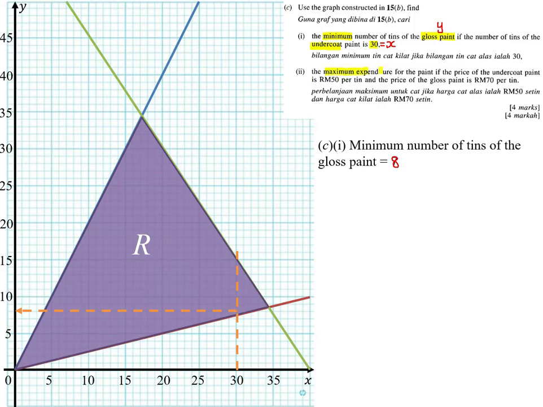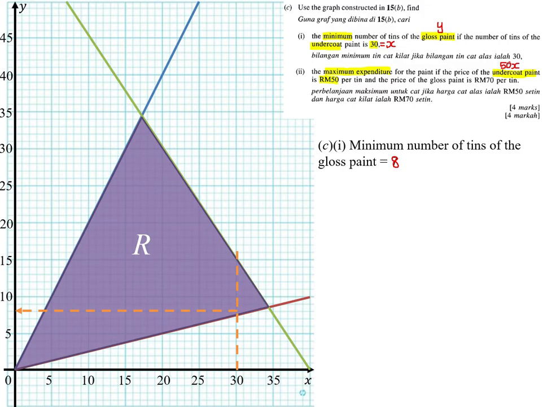Maximum expenditure for the paint, if the price of the undercoat paint is RM50 per tin. So the undercoat paint is our x, right? So one tin will cost you 50. Which means the number of tins we have to multiply with this 50 ringgit, right, in order to get the total price you need to spend for the undercoat paint, correct?